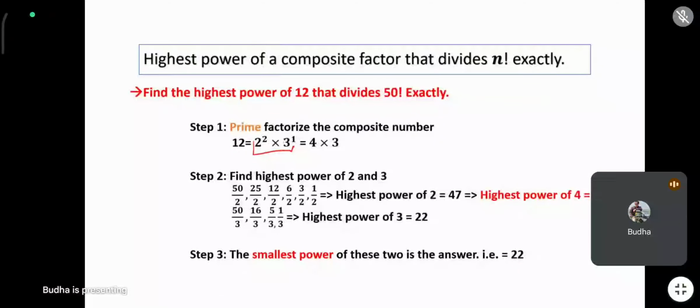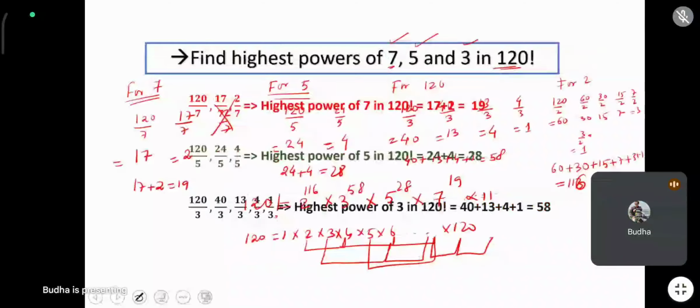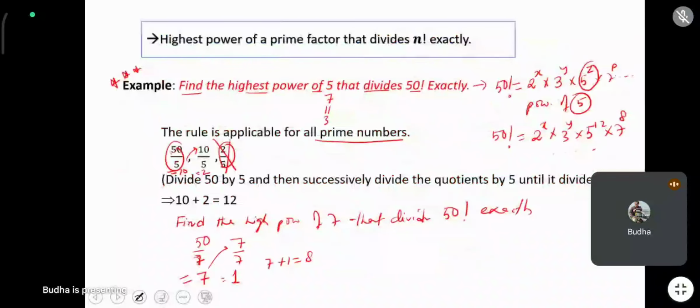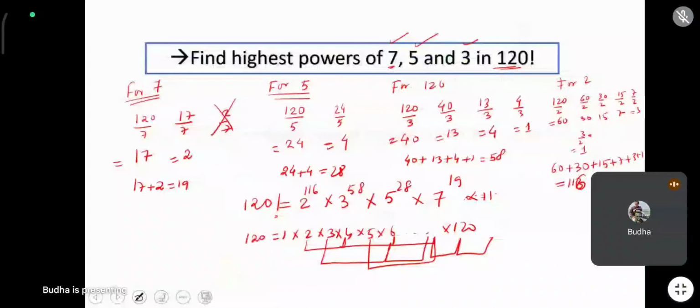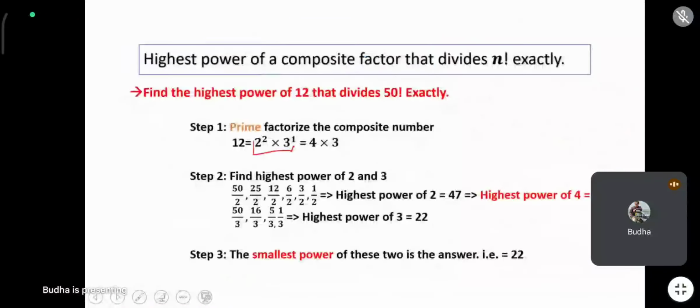देखो, I told you in the previous example, ये सब ना सिर्फ applicable है for prime numbers. If the number is composite, something like this, highest power of 12 that divides 50 factorial, तो मुझे ये सोचना पड़ेगा कि 12 बनता कैसे है. 2 square और 3 से.